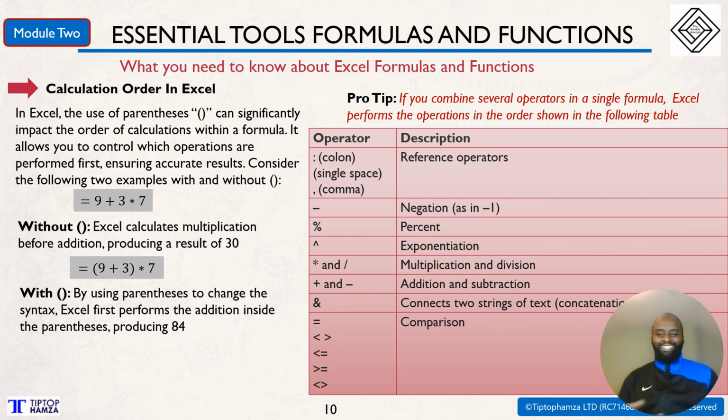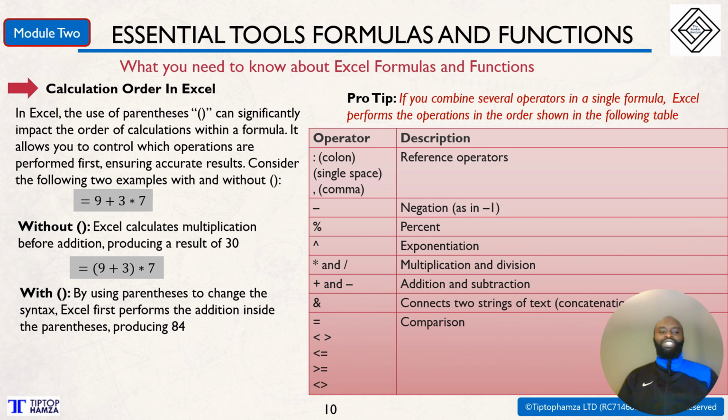Yes, formulas calculate values in a specific order, and a formula always begins with an equal sign. So Excel interprets the characters that follow the equal sign as a formula. Following the equal sign are the elements to be calculated, which you can simply refer to as operands, such as constants or cell references. These are separated by calculation operators.